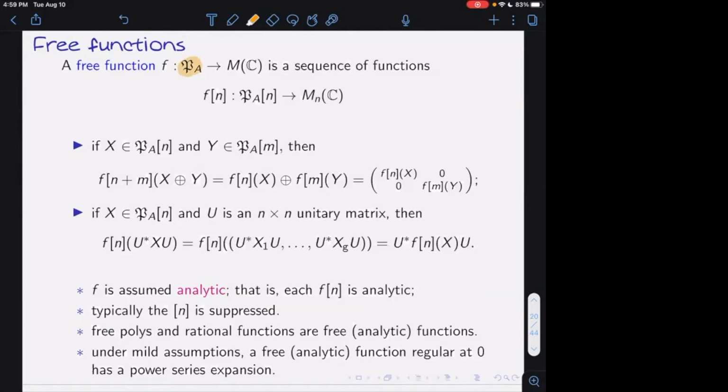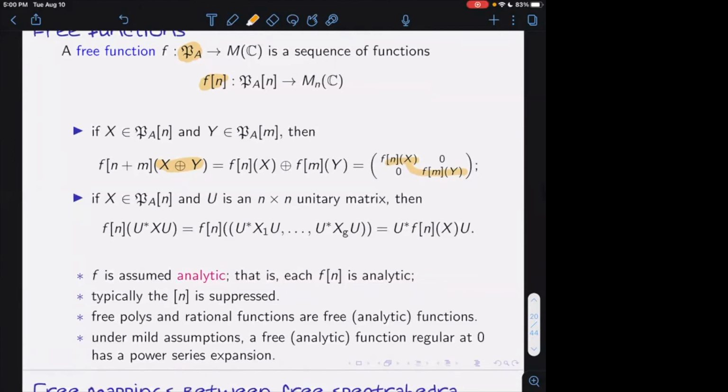At every level, you have a function fn, and then these functions need to fit together in a coherent way. What you want is, if you apply f to a direct sum, that should be the direct sum of f applied to the factors, x and y. Keep in mind here, x and y are both themselves G-tuples of matrices of size n and m respectively. So you want to respect direct sums.